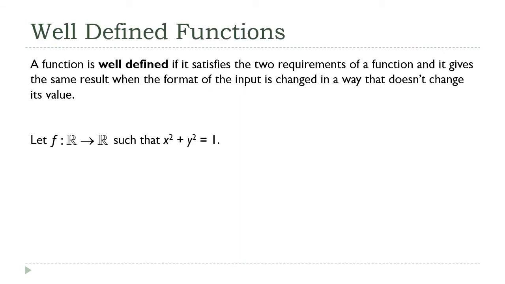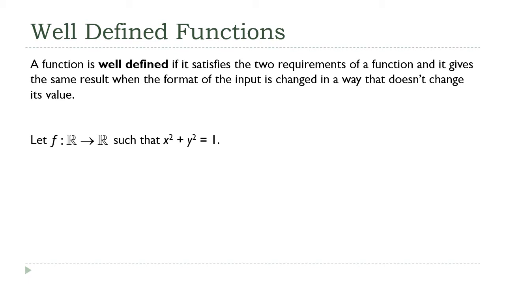All right, whether or not a function is well defined, this is actually a bit of a tricky bit of terminology here. If it's not well defined, it isn't a function. So our rule here is that functions need to be well defined. Essentially what this means is that it has to pass both of those two requirements, and we get the same output even if we rewrite an input value in a different way.